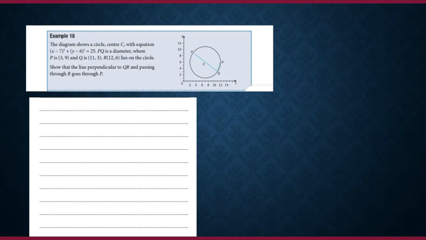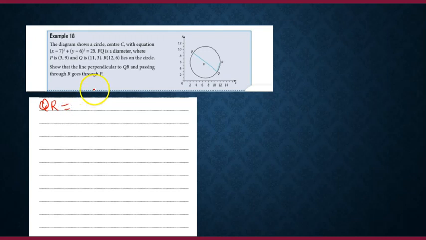So let's look at QR. QR has which gradient? We can check the change in y over the change in x.